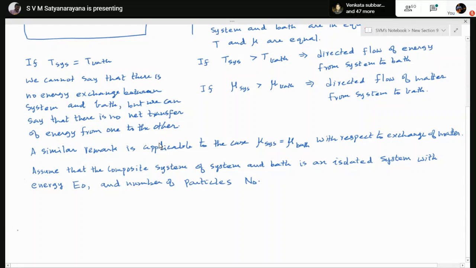Now you can ask a question: a microstate of the system now depends on two things.